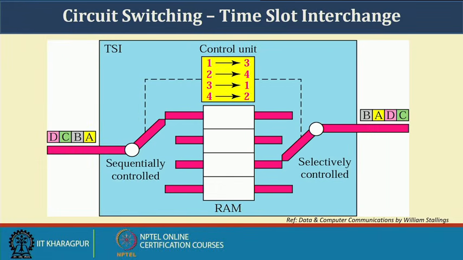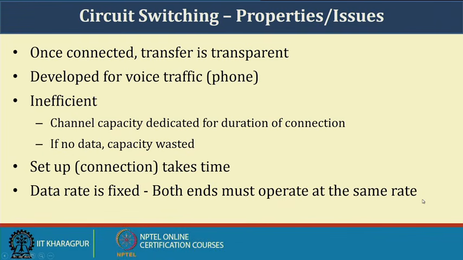Like we are talking about time slot interchange, where with a control unit we can interchange or select. This can be sequentially controlled or selectively controlled: data comes in as 1, 2, 3, 4, whereas I can selectively control which data goes out. In other words, I simulated a switching technique.